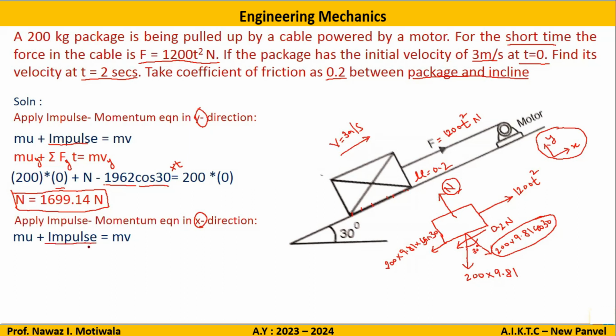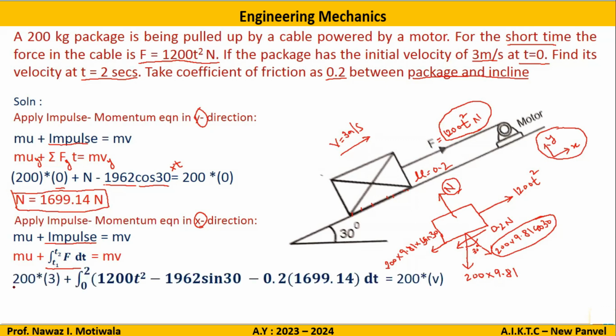Now observe here, as we are given force in equation form, that is force is variable with respect to time, hence the formula will be integration between the limits t1 to t2 of F dt is equal to mv. So as the force is varying along with time, the value of impulse is given as integration between time t1 to t2 of F dt. Mass is given to us as 200.